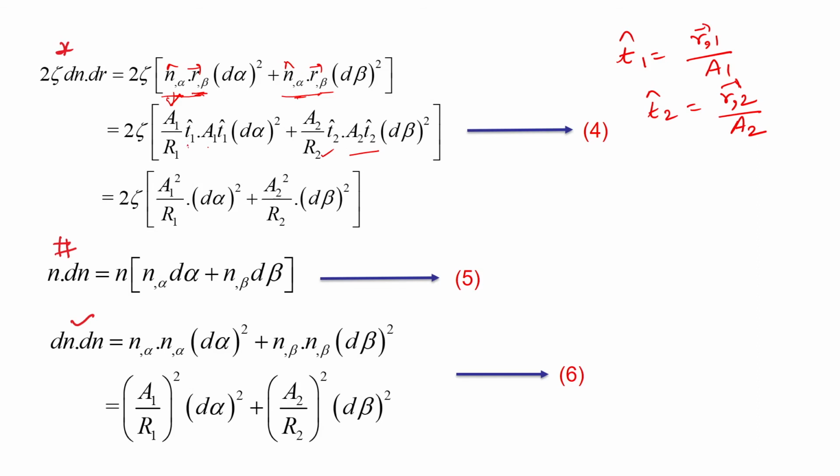So, T1 dot T1 is 1, again T2 dot T2 is 1. So, a1 square by r1 d alpha square, a2 by r2 d beta square, we got this contribution.